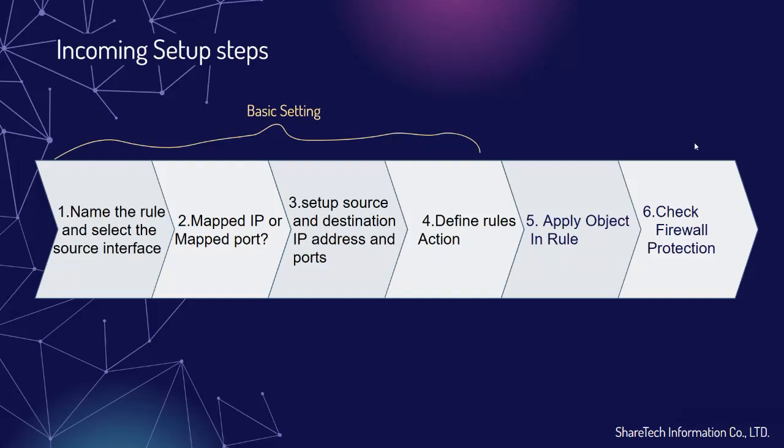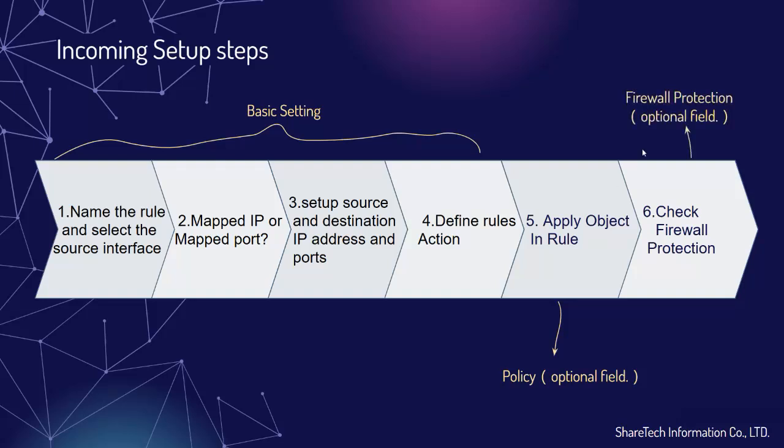Step 5, policy, is an optional field. It allows administrators to decide whether to apply control objects to the rules, such as bandwidth control or application control. Even if no control objects are applied, the rule will still be effective.